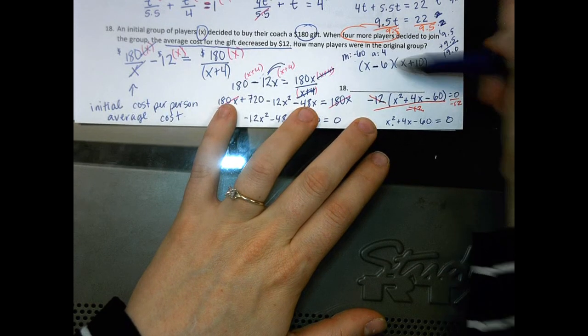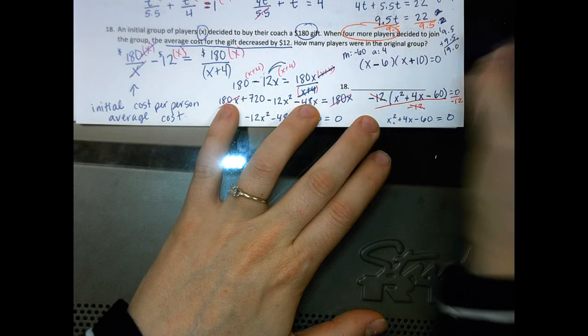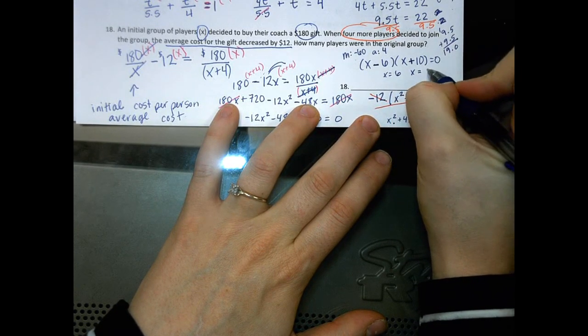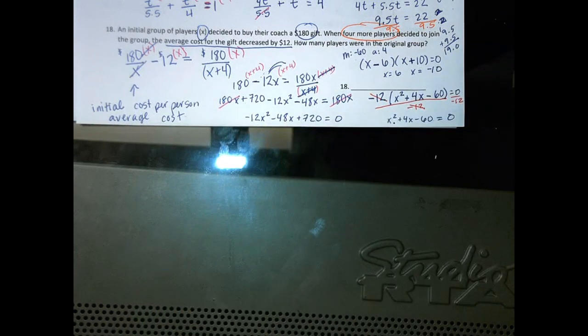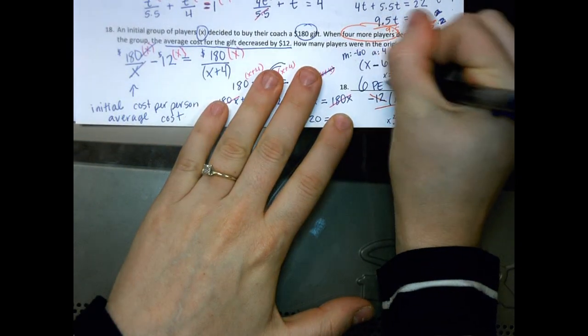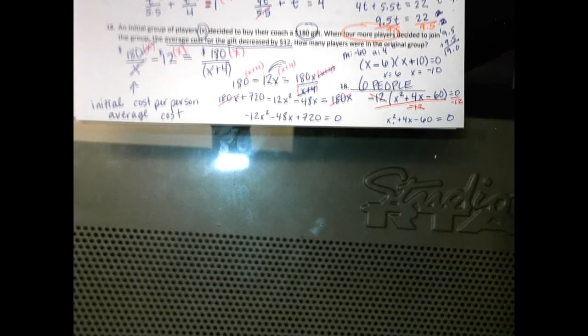Do we get that? Okay, I have two solutions for x right here: 6 and negative 10. Which one is the correct answer? 6, because I can't have negative 10 people. You can have negative numbers as answers in some places, but in this case, you can't have negative 10 people.